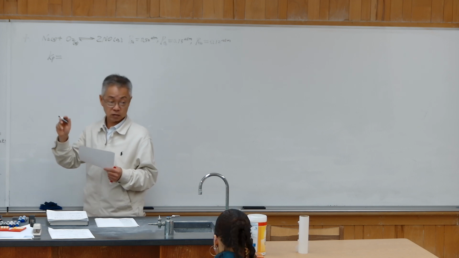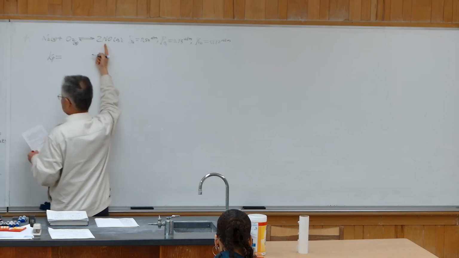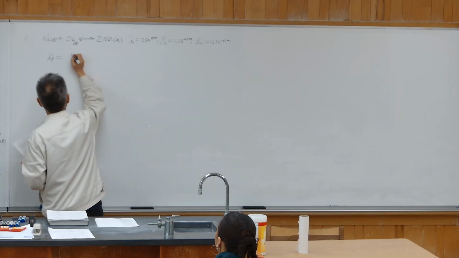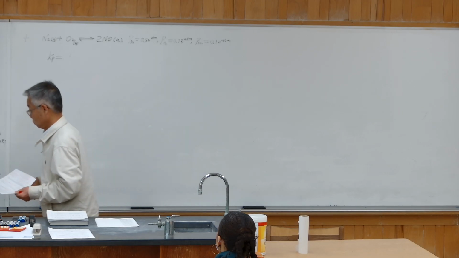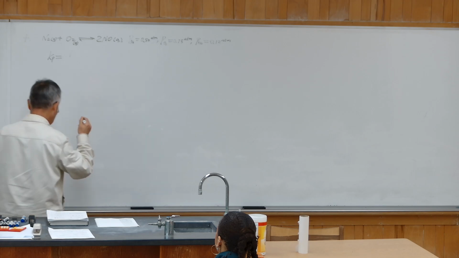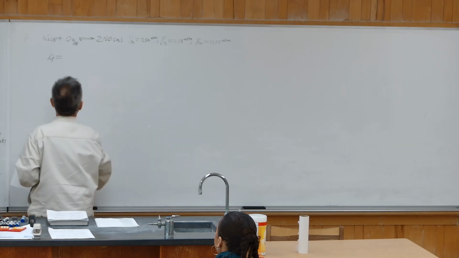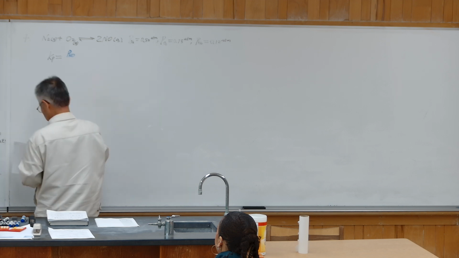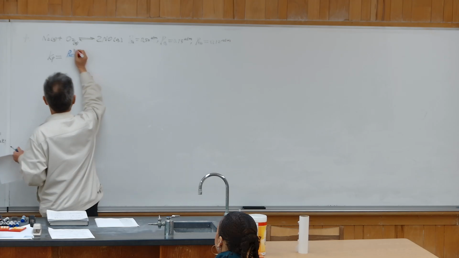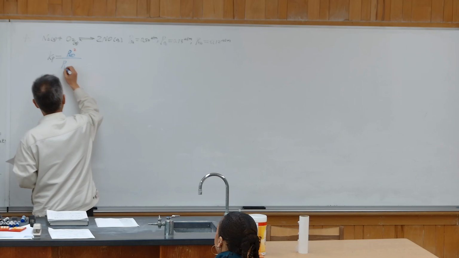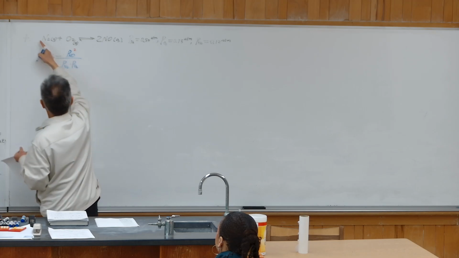Product is always in the numerator, so the product is NO, with coefficient 2, so you raise it to the power of 2. Then the reactants, nitrogen and oxygen, both have no number, so 1, right?